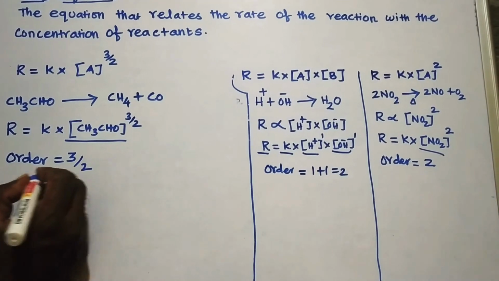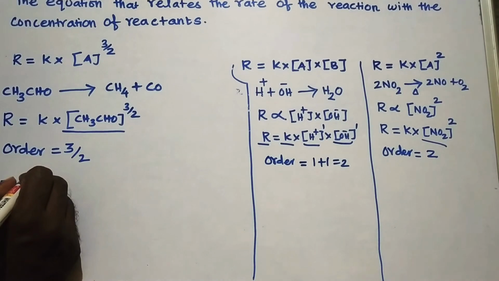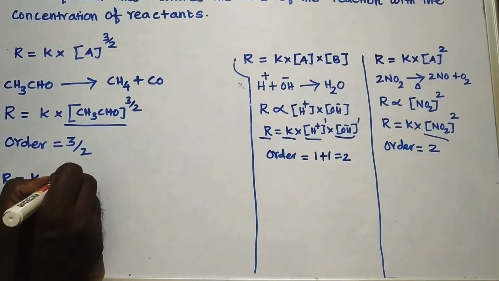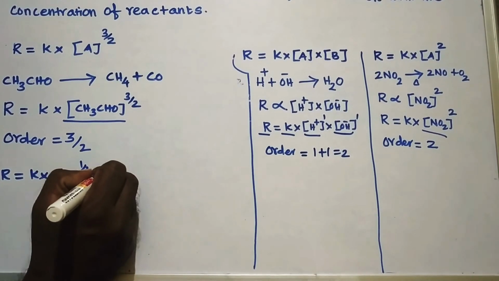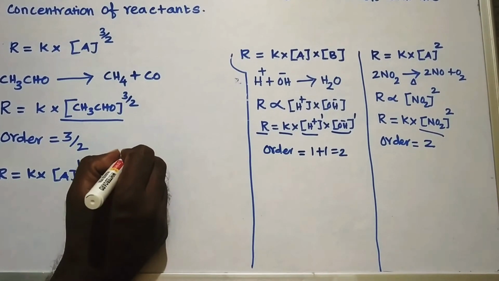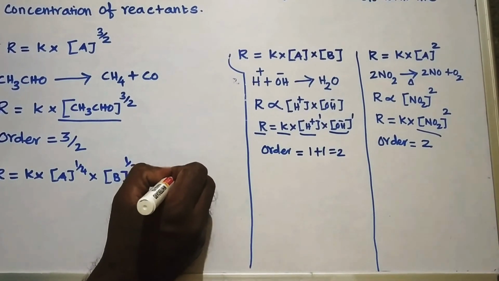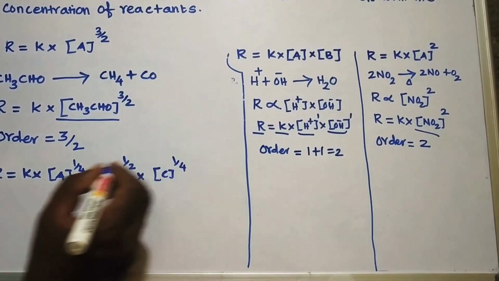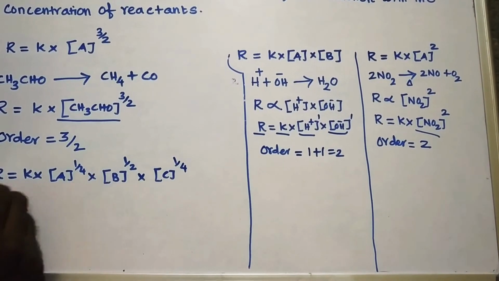Now let us consider another reaction, R is equal to K into A power 1 by 4 into B power 1 by 2 into C power 1 by 4. Now I am going to find out the order for this reaction.